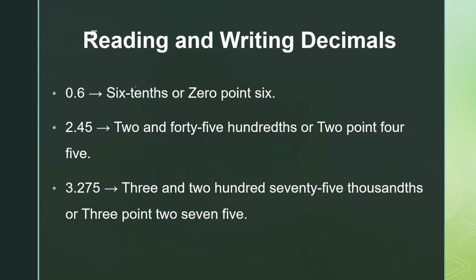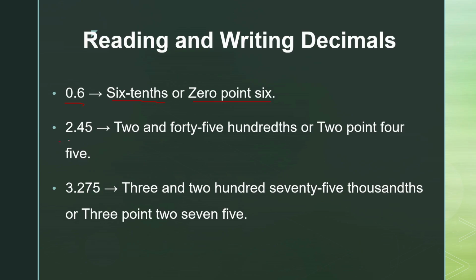Let's understand the different ways of reading and writing decimals. We do not have only one way of reading and writing decimals, but we have multiple ways. Like over here, 0.6 can also be written as 6 tenths. I mean, the way you are speaking, we can write it in that form.